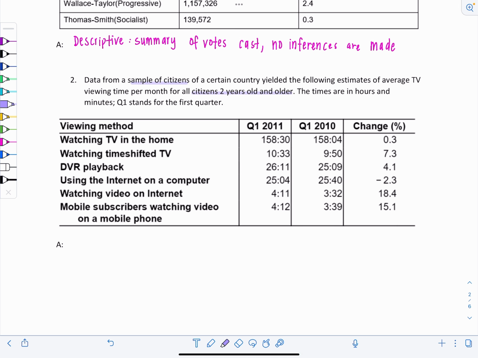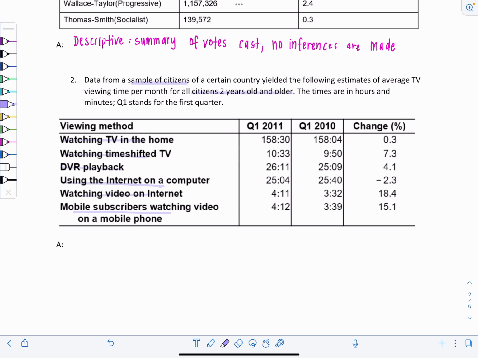Q1 stands for the first quarter. So here they're showing various viewing methods. Do you all even know what a DVR is anymore? Do we still have those? Okay. Using internet on computer, watching video on internet, mobile subscribers watching video on a mobile phone. And then they show each quarter, the percent change.